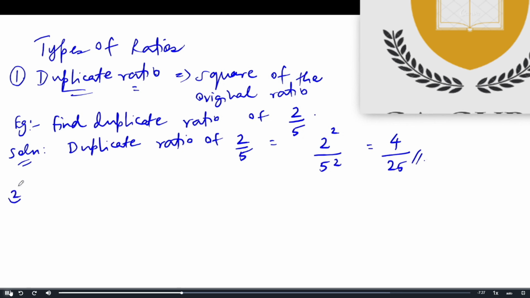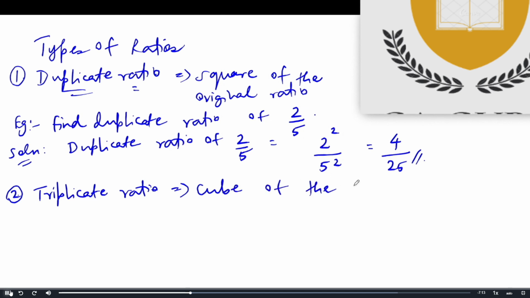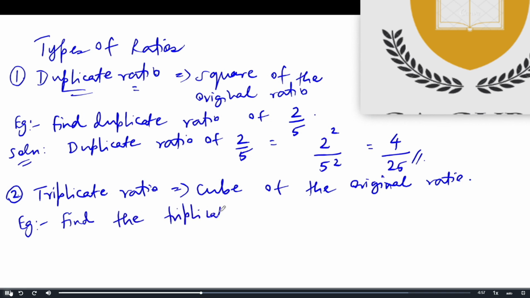Now let's move on to the next type of ratio, the triplicate ratio. Triplicate ratio means the cube of the original ratio. One example, find the triplicate ratio of 2 by 5.